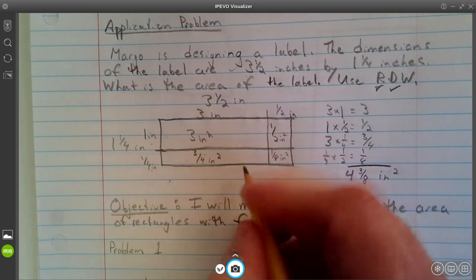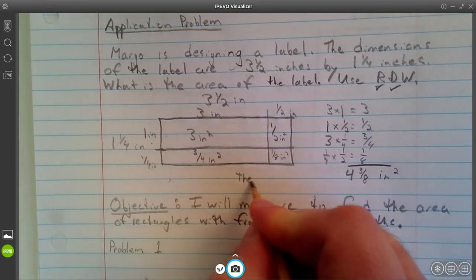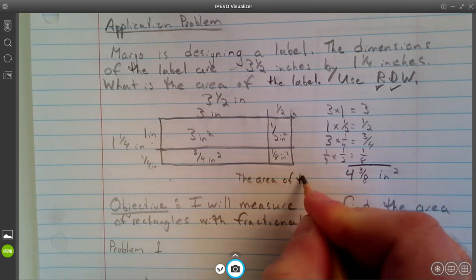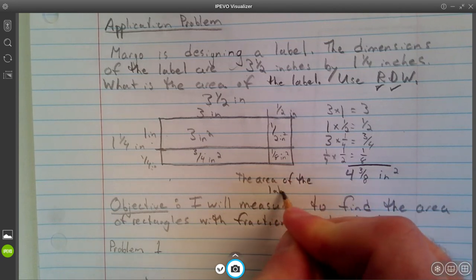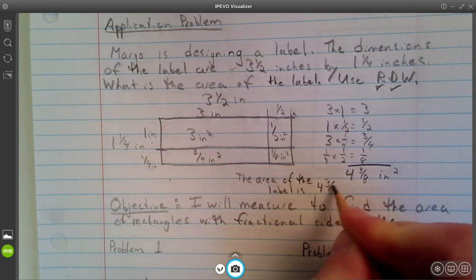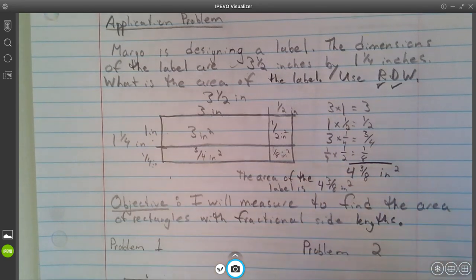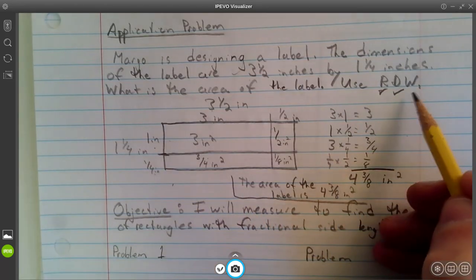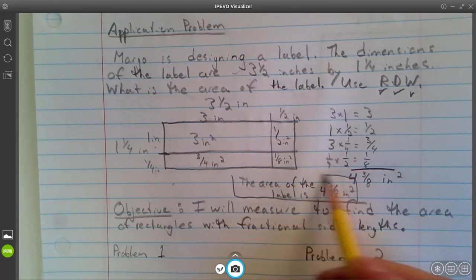So the area of the label is 4 3/8 inches squared, square inches. Okay, so that is my writing. That's my final answer.